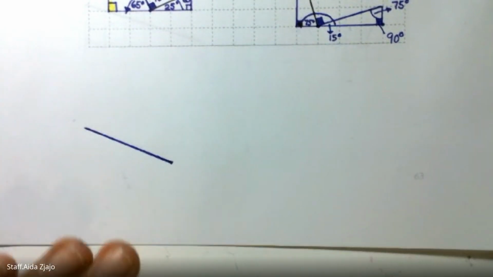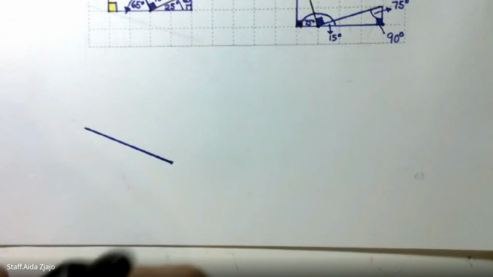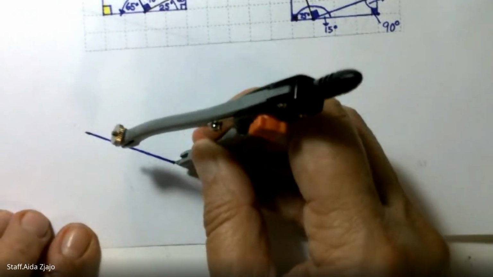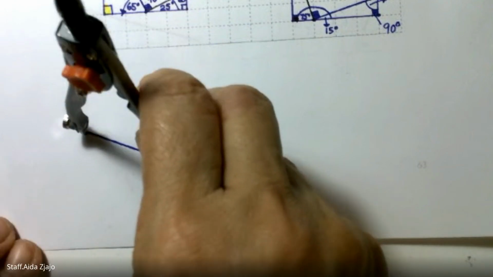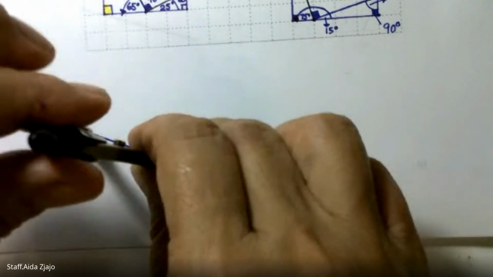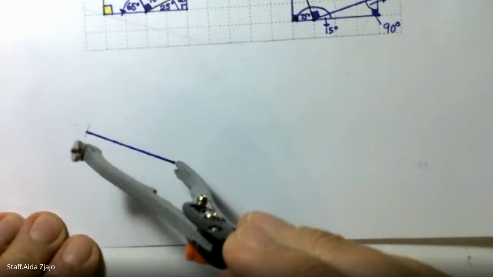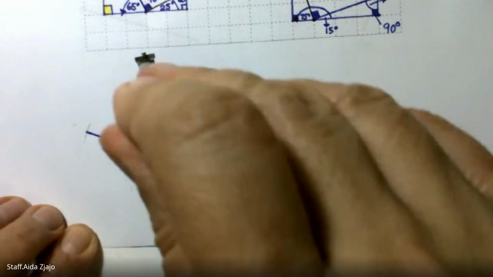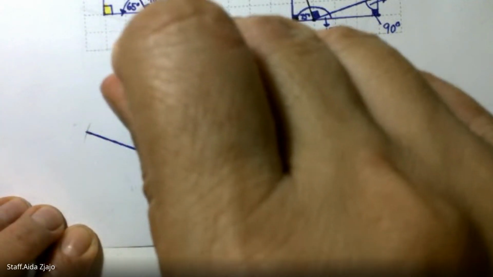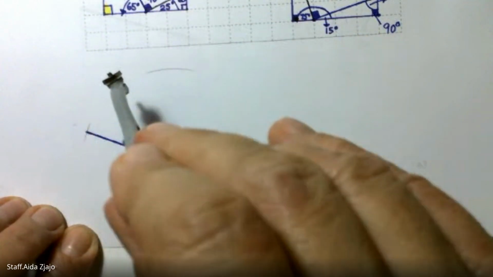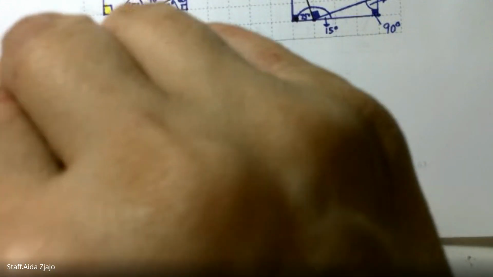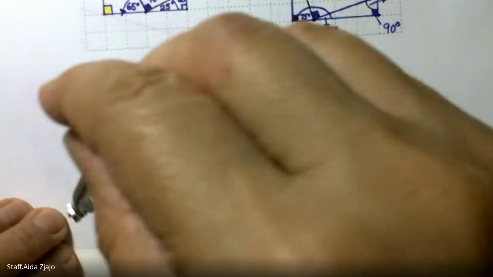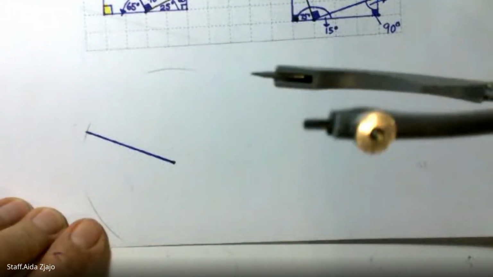How would you do it? You're going to measure with the compass how long that line segment is. Then I'm going to make a semi-arc above the middle of that side, and also a semicircle on this side.